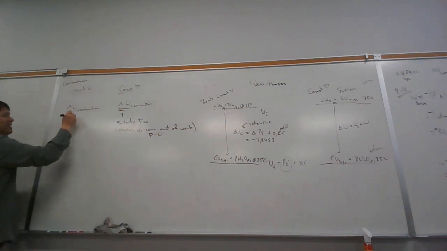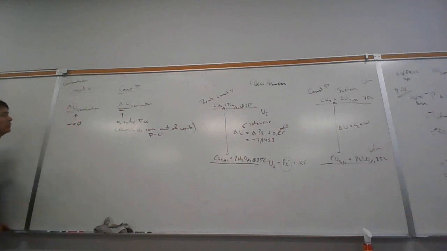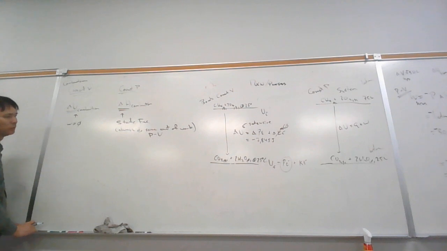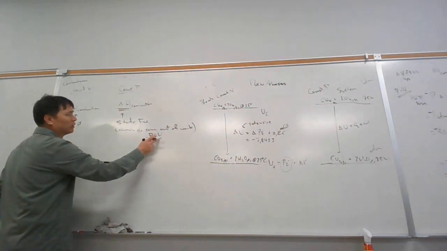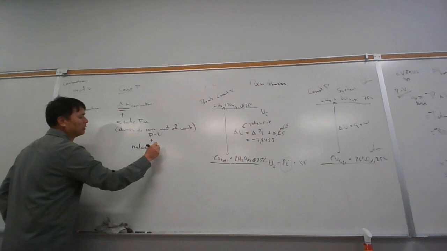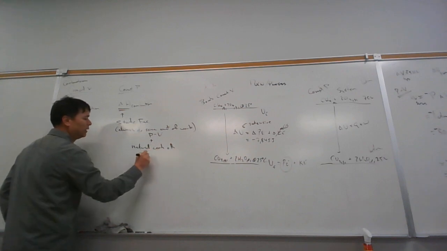For delta U, we just do no work. You know, work is equal to 0 here, or at constant volume. And we ignore all other types of work. We're not going to do mechanical work or electrical work or any of that. We always do the same amount of work over here because this is the natural work of the chemical reaction.